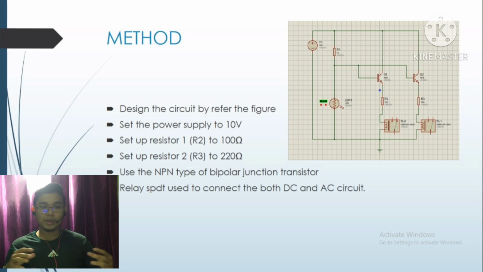After we have designed the circuit, we need to set the power supply to 10 volts, set resistor 1 to 100 ohm, and set resistor 2 to 220 ohm. As I mentioned just now, we use the NPN type of BJT, and the function of the SPDT relay is to connect both the AC and DC circuits.